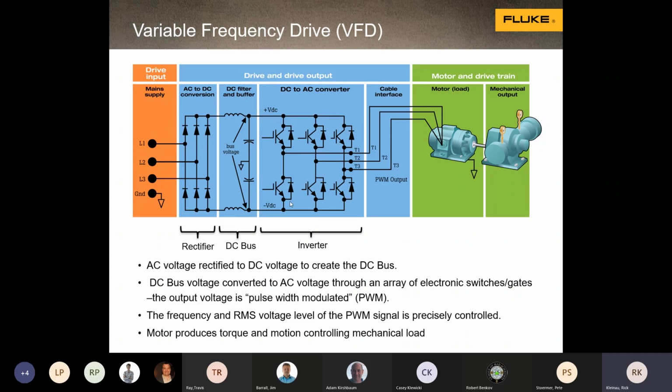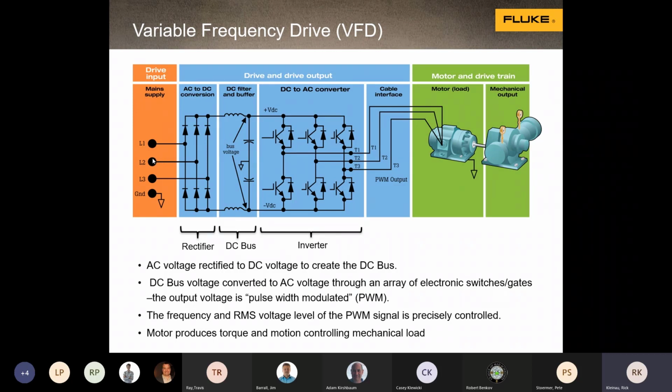Then from the DC bus, this section with all the transistors in it, the IGBTs, is going to take DC and create an AC signal, an output that's kind of specialized called pulse width modulated voltage, which is what the motor sees as the PWM output. So really, in the examples I'll show you, the little drive I have, I have three-phase motors, but I have a single-phase drive.